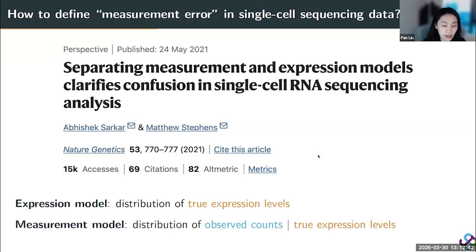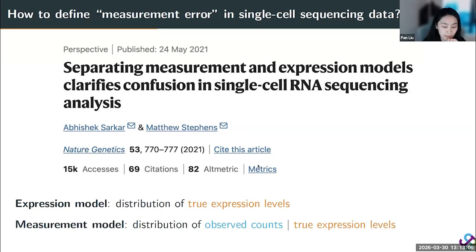Well, I think the question now becomes how to actually define the measurement error in single cell sequencing data. We actually use this paper's formulation, which is a very nicely written paper about single-cell statistical modeling. There, the authors separated the single-cell data into two layers. First is an expression model, and the second is a measurement model.